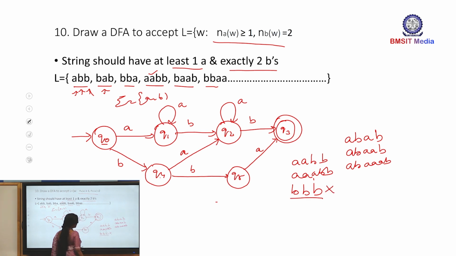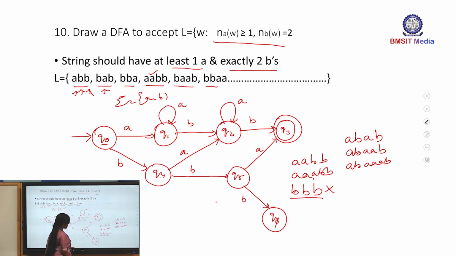This string should not be accepted because it does not satisfy the condition in the language. So whenever Q5 sees a B, I should ensure that it enters the trap state. Beyond this, any A's and B's that are seen can be written as a loop on the trap state. Now coming to Q3.